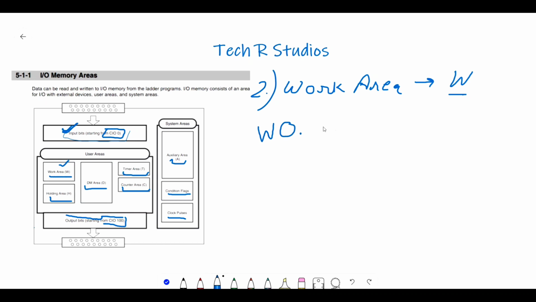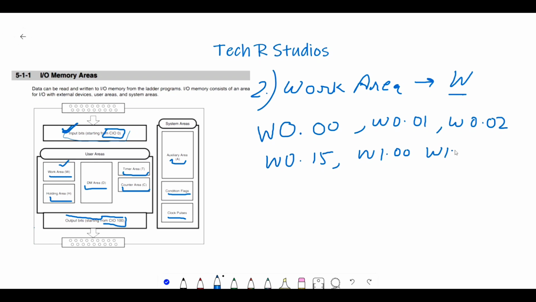Then we put a point or dot, then the bit number like 00, so W0.00, W0.01, W0.02, and so on, and it goes up to 0.15, and then after it would be W1.00, W1.01, and so on. This way we write down the W area.